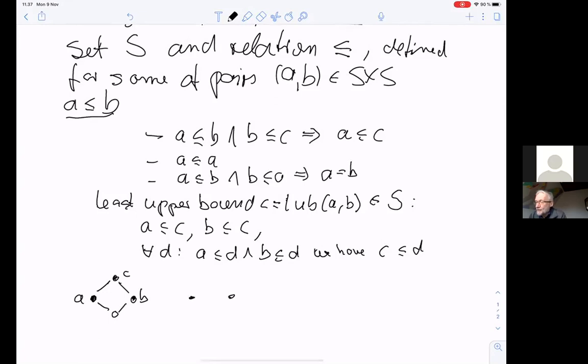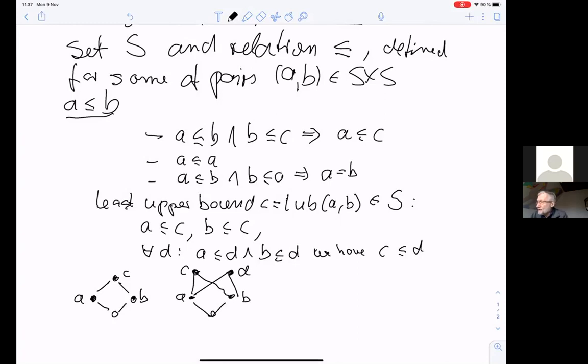Then I could make a different example by changing my diagram and say, what if I make something like this instead? Now I have A and B, and I have maybe C and D here. So now I have to define a new relation. It's now a bigger set. I have defined that D is greater than A and greater than B, and C is also greater than A and B, but there's no relation between C and D. In this case, something is wrong.